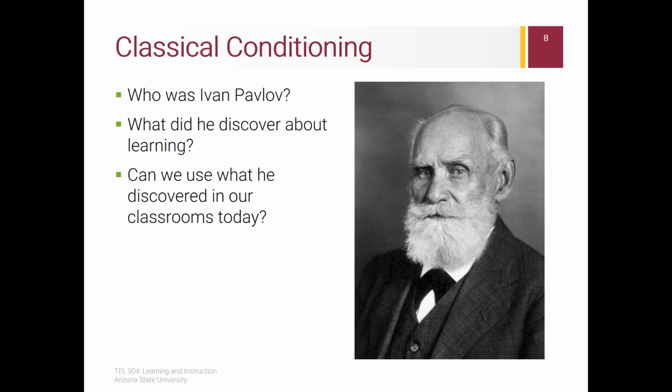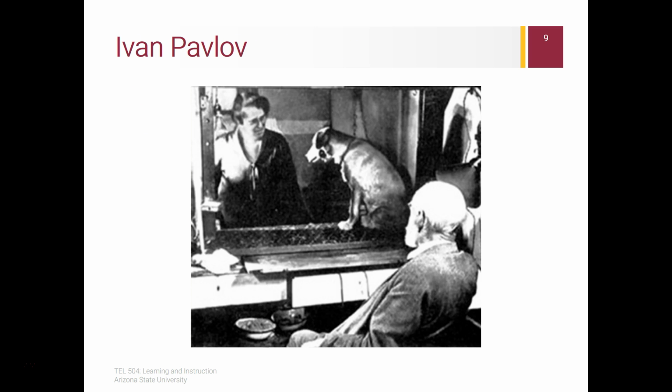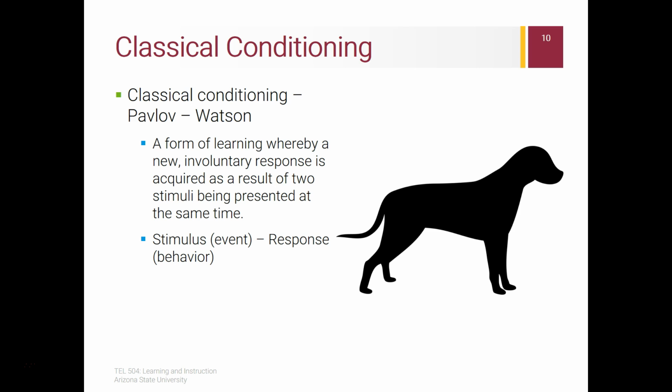Take a moment to read the questions on these slides. Can you answer any of them? Now, many of you may have recognized the name Ivan Pavlov and remember his work with dogs. Pavlov classically conditioned dogs to salivate at the sound of a bell. So Pavlov was one of the first individuals to help us understand classical conditioning, which is a form of learning whereby a new involuntary response is acquired as a result of two stimuli being presented at the same time.